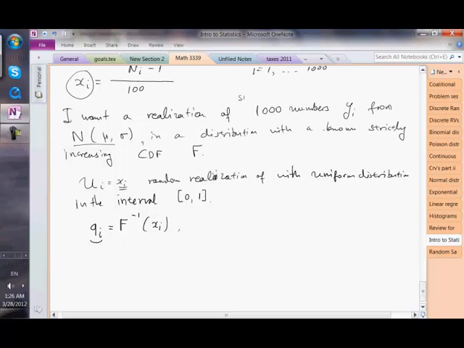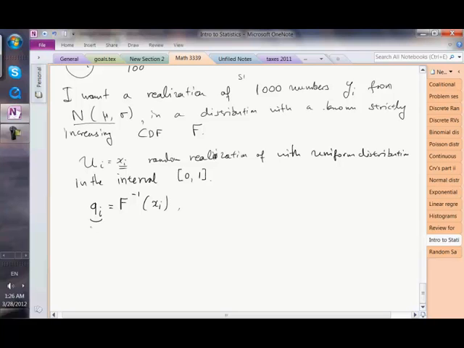Why is this correct? Well, the answer is easy and comes from the following. The answer is precisely the Q-Q plot, if you want.